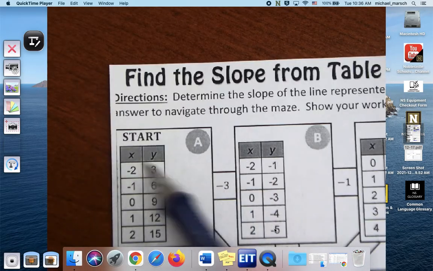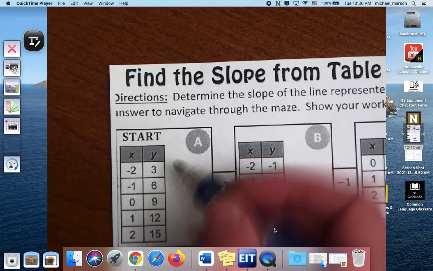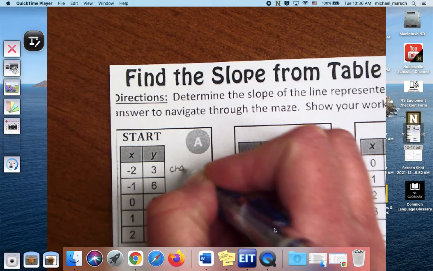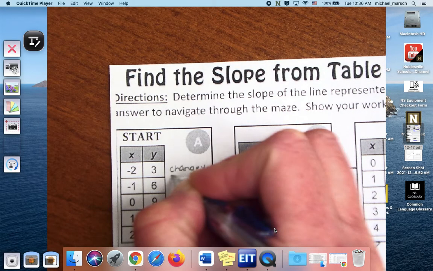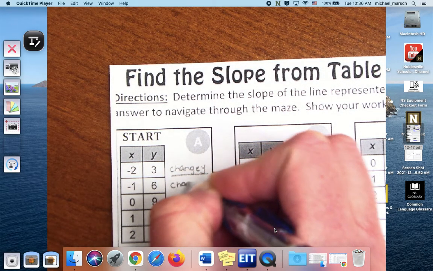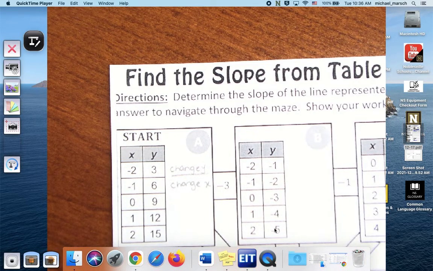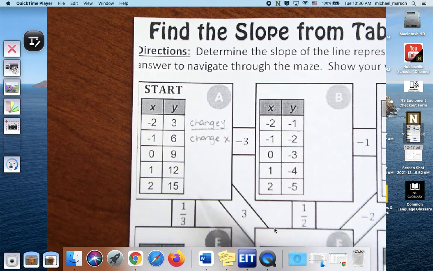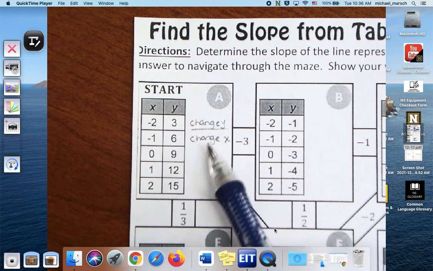So remember, slope is the change in our y values over the change in x values. And I'm only going to make you write that once, just so you have it here. Change in y over change in x.